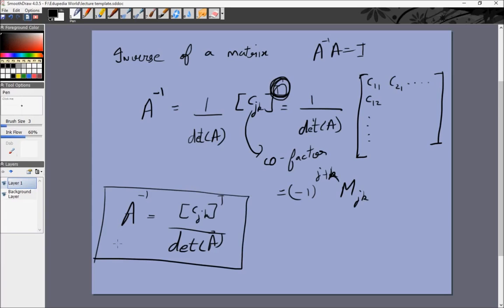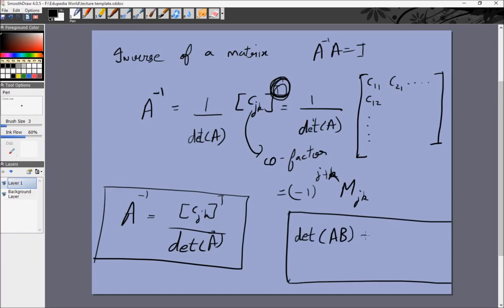And finally, one small property of determinant, which I didn't give in the previous video because we'll not be giving you the proof of this property as well, and that property is that the determinant of AB is equal to determinant of A times the determinant of B, where A and B are matrices.